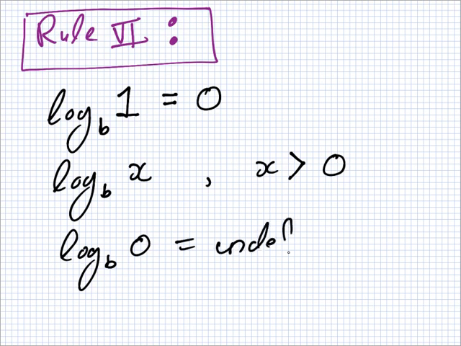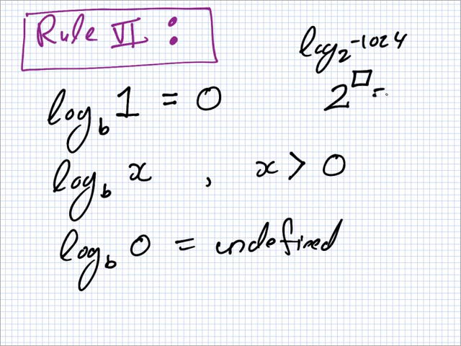The log of a negative is undefined. The reason is if I typed in log base 2 of minus 1024, you're saying 2 to what power equals minus 1024? There is no number I can put here to make a negative, because there's no amount of multiplying by 2 that can change a 2 into a negative.